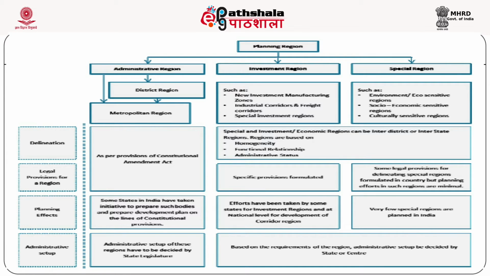So as per the provision of the Constitutional Amendment Act, the metropolitan region is defined, delineated, and then planned for. We see that some states in India have taken initiative to constitute authorities as metropolitan planning committees, that is MPCs, as part of the Constitutional Amendment Act in order to plan for these areas.